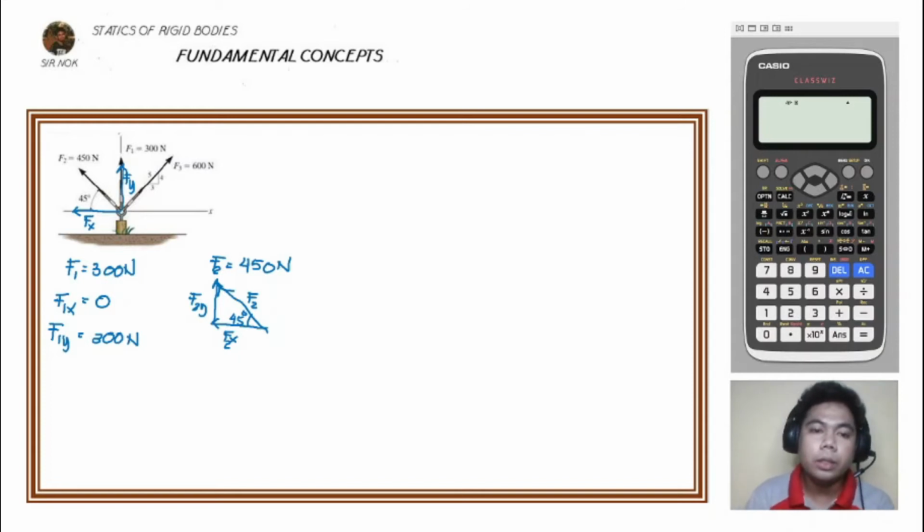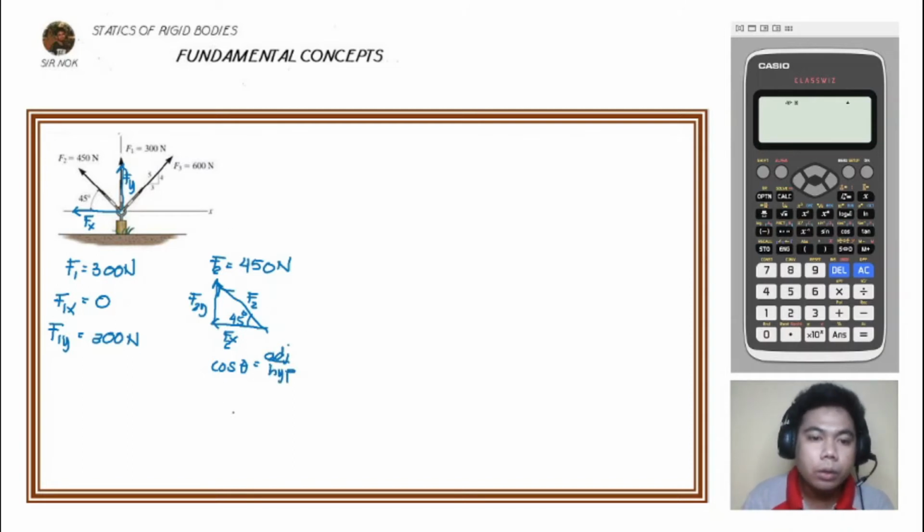So first, let's solve the magnitude of the x component. So x component is the adjacent side of the angle 45 degrees. So we're going to use cosine theta is equal to adjacent over hypotenuse.